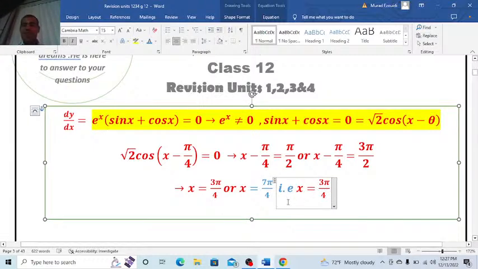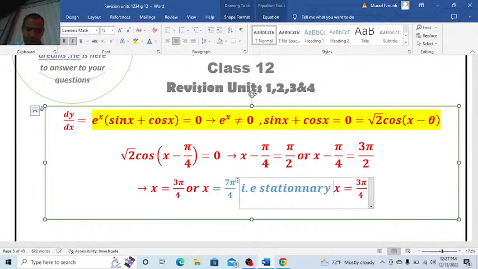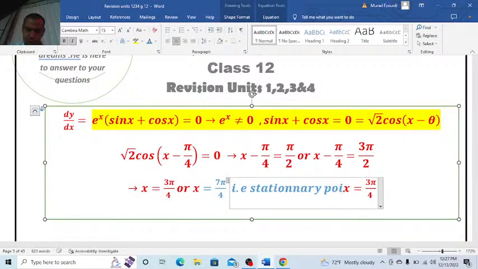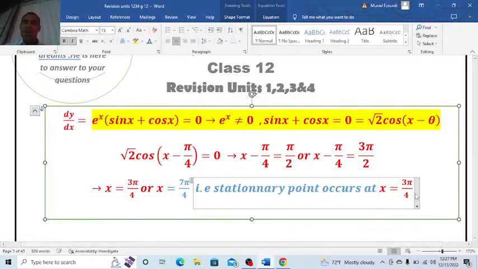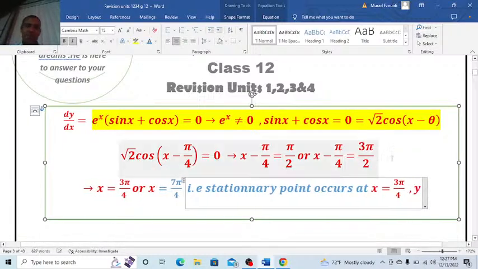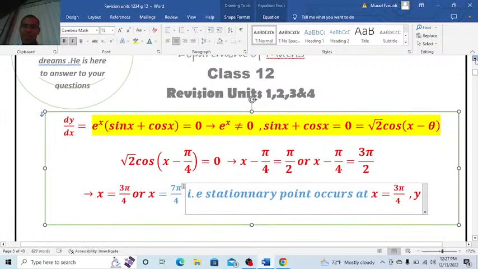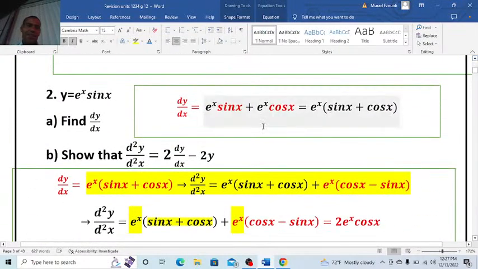This is where my stationary point occurs, at x equal to 3 pi over 4, and you should also find y. And y equals what? Go to your original function, which I think is exponential of x times sine of x.